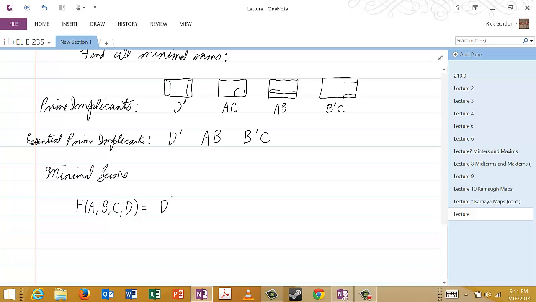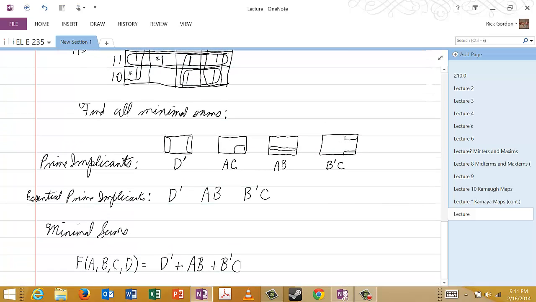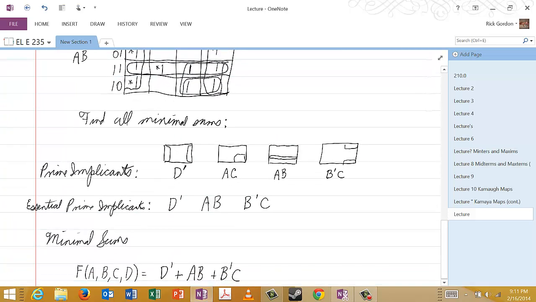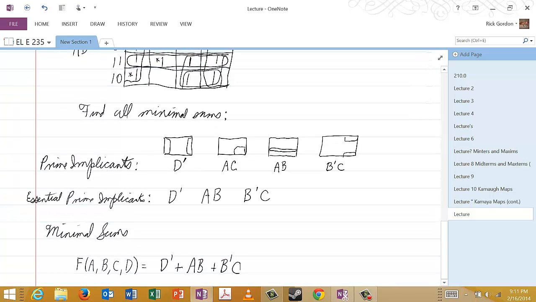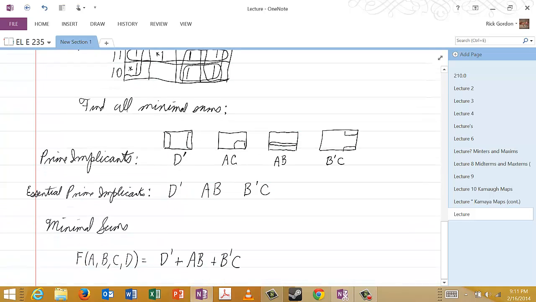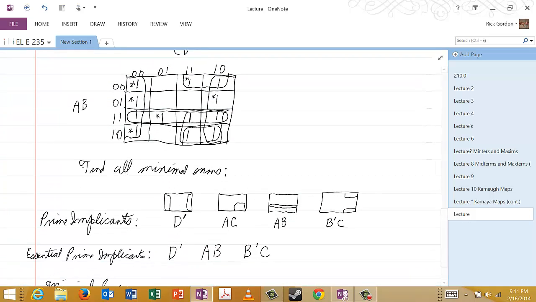So we have D prime or AB or B prime C. And now we're going to go up and shade in those 3 terms. By including D prime in our sum, we have accounted for all 4 of these cells and all 4 of these cells.